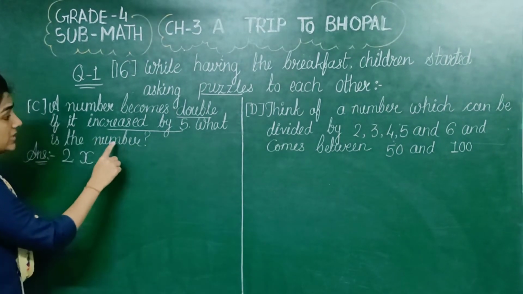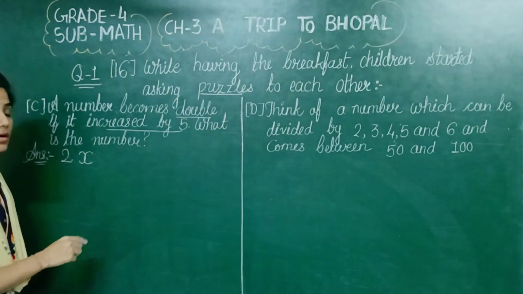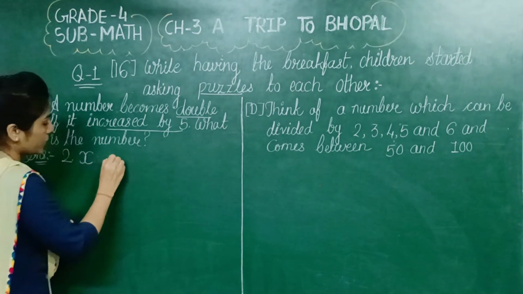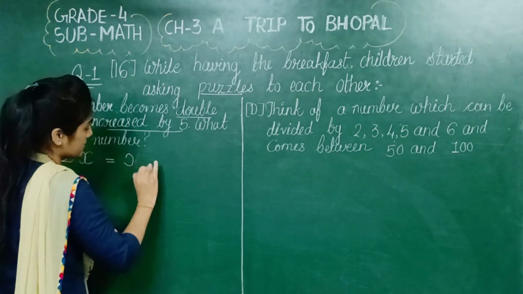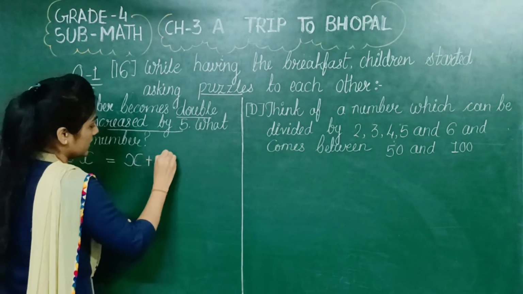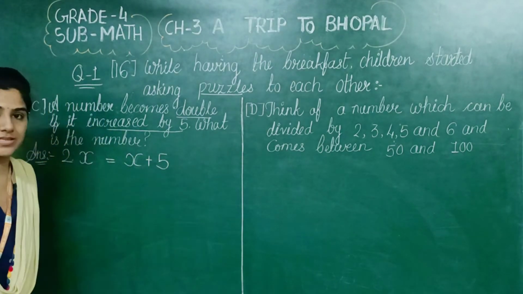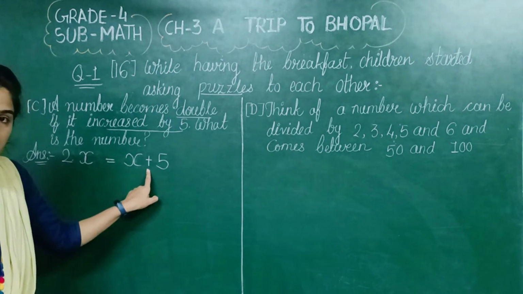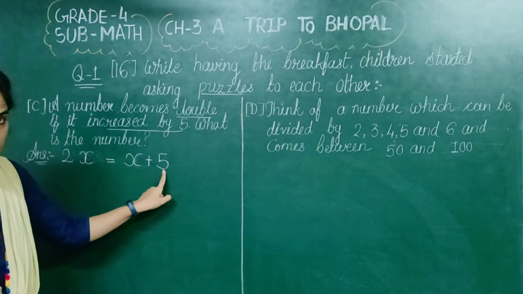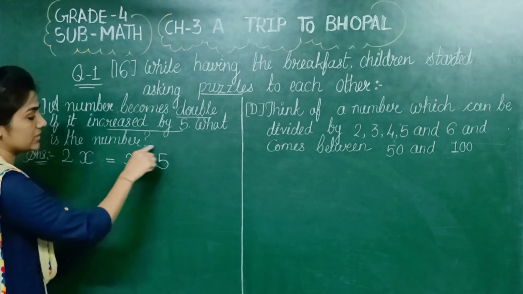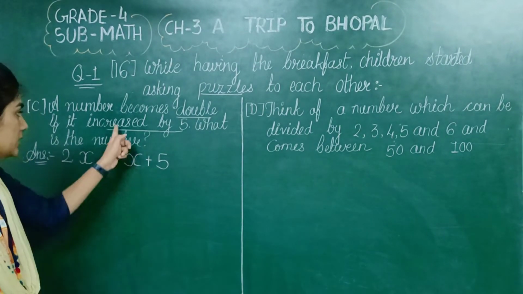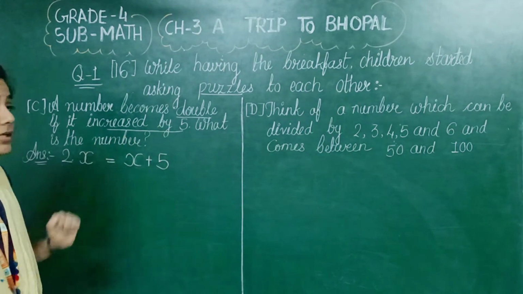That number is increased by 5. Which number? This x. So on the other side I am writing that this number x is increased by 5. Increased means we have to make an addition sign. So x plus 5. This is in the form of multiplication and this is in the form of addition.